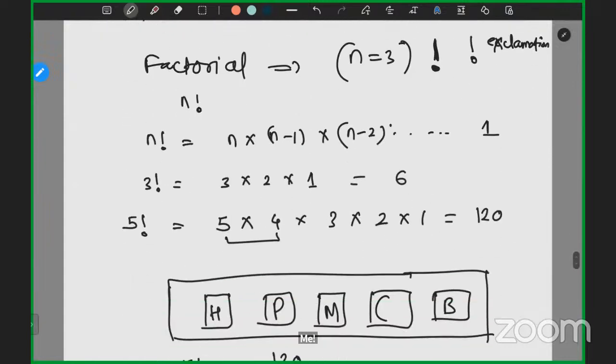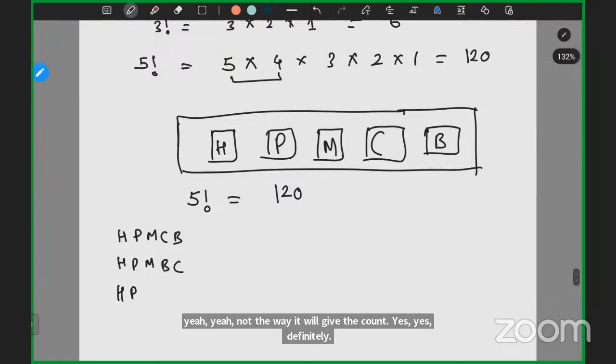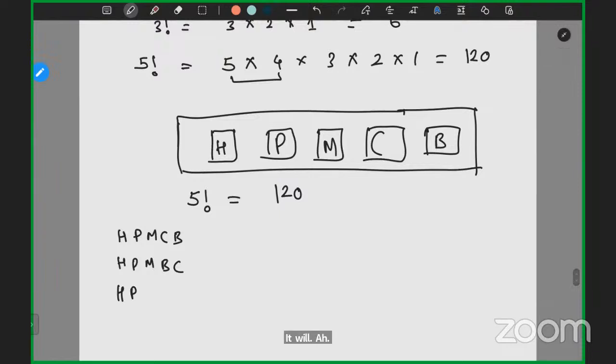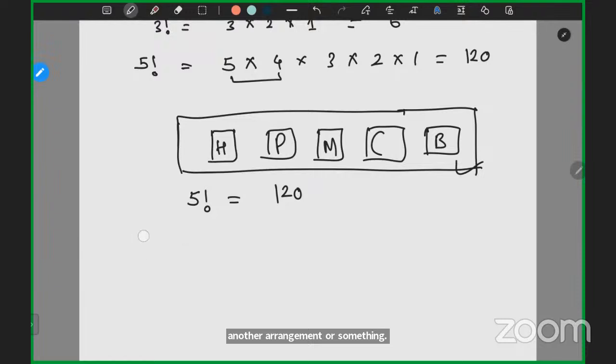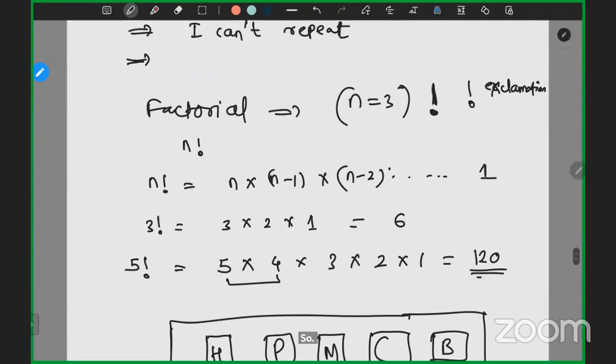It will give the count. It will not give you anything like, this is one arrangement, then how to write another arrangement. It will not give you any hint on how to write these arrangements. You will have the count of in how many ways.